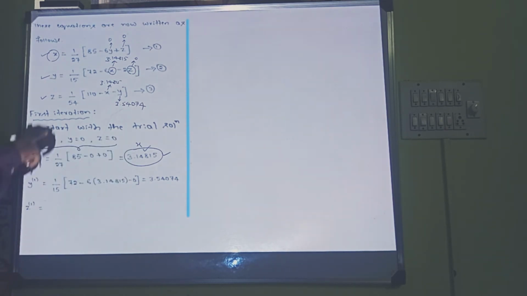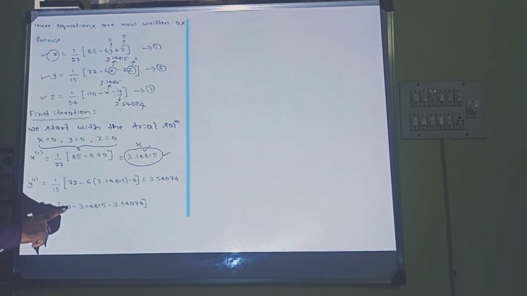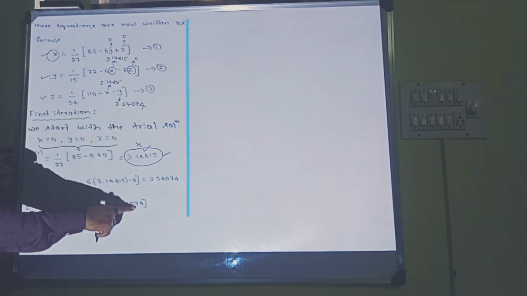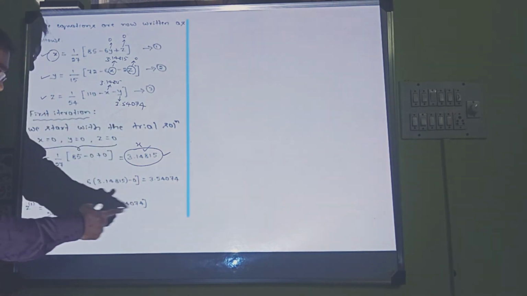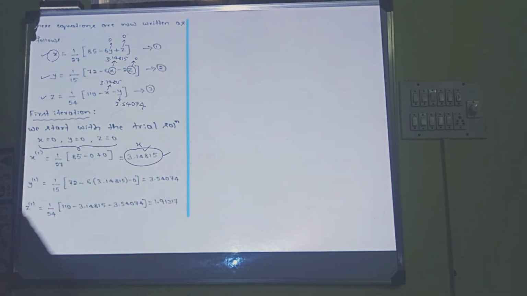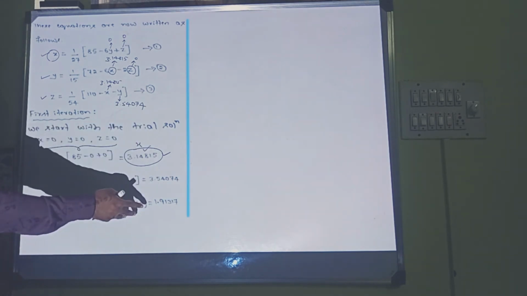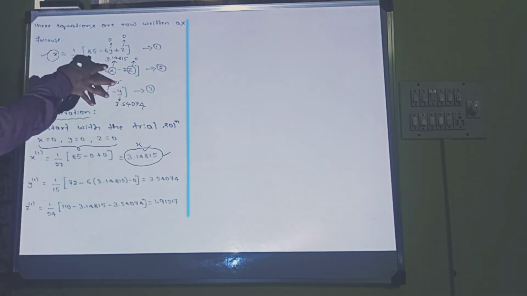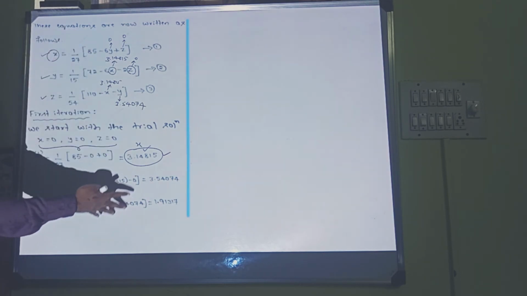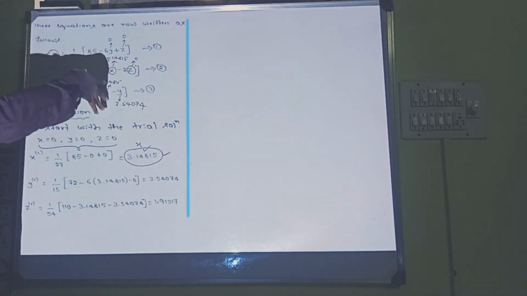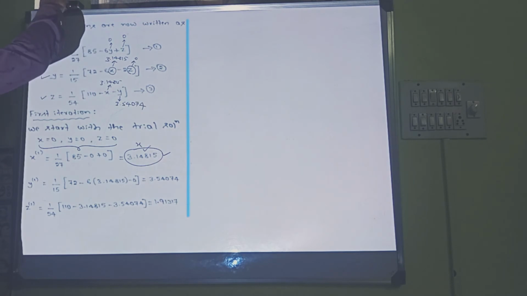So z is equal to 1 by 54 into 110 minus x value minus y value. Using a scientific calculator, if you find out the solution, you will get this. So these are the first iterated values. In the same way, again we improve the values of x, y, z using these formulae.